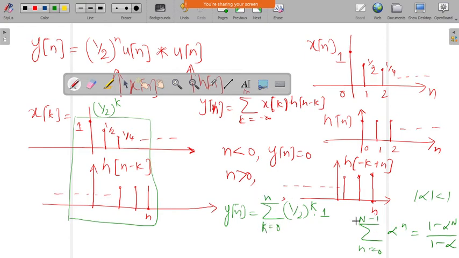Here, instead of n minus 1, n is there, so we have to take that particular value, n plus 1. So this resultant will give y of n equal to 1 minus 1 by 2 power n plus 1, divided by 1 minus 1 by 2. So this will give 2 into 1 minus half power n plus 1. This is for n greater than 0.